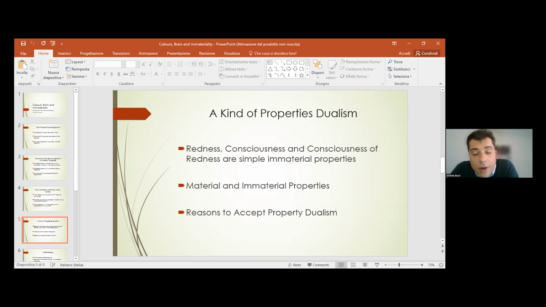Reasons to accept property dualism are, for example, that if what our mind sees were something material, there should be a lot of interference that we could de facto see.